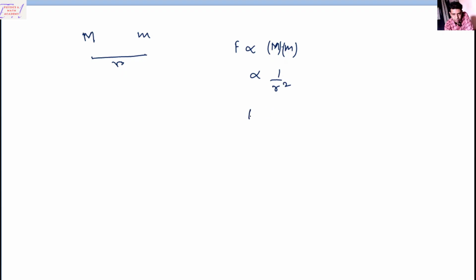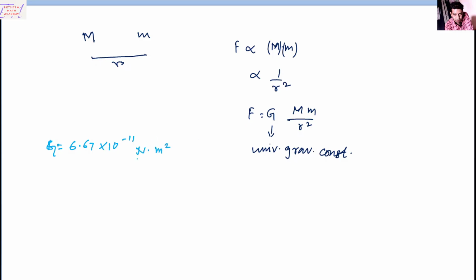So you can write F is equal to G M m by r square, and G is the universal gravitational constant. From here you can easily find the unit and the value of G. The value is 6.67 into 10 to the power minus 11, and the unit is Newton meter square per kg square. So this is a fixed value.